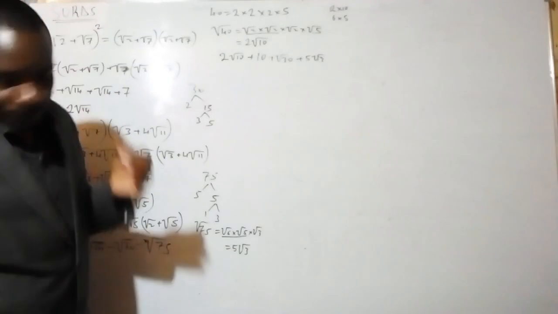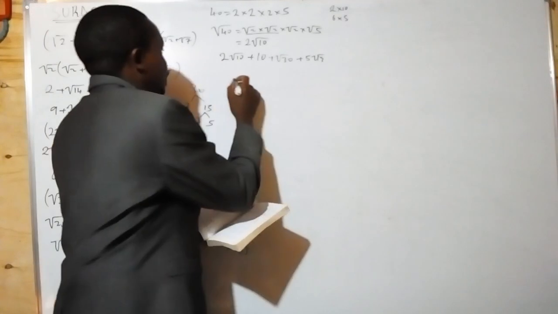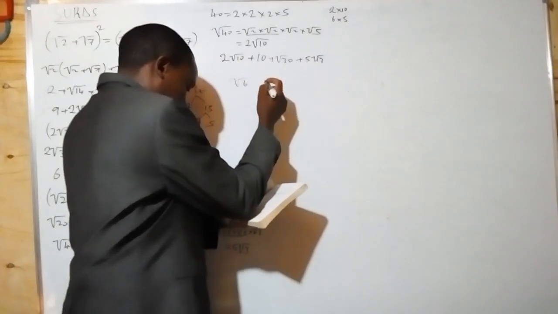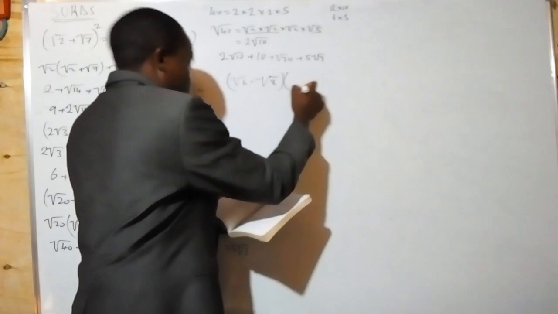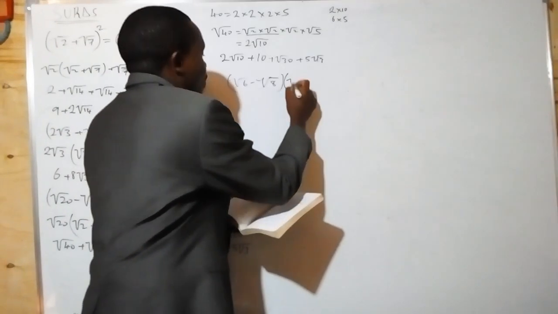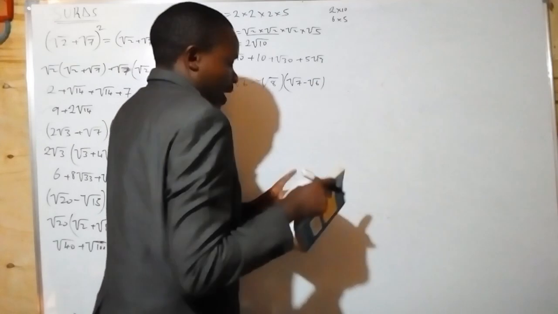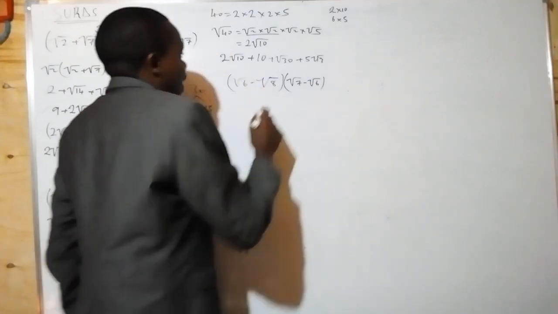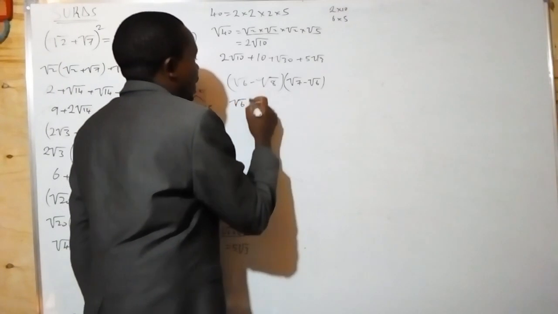Another question. You are given root 6 minus root 8, then root 7 minus root 6. Again, we are going to expand. We say this root 6 multiplied by the second bracket, root 7 minus root 6.